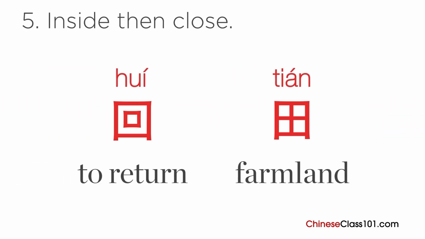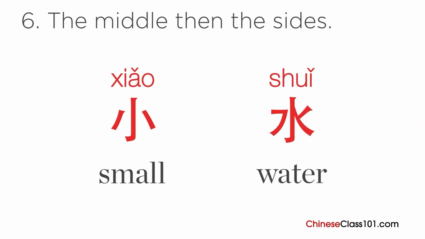Inside, then close. 回, to return. 田, farmland. The middle, then the sides. 小, small. 水, water.